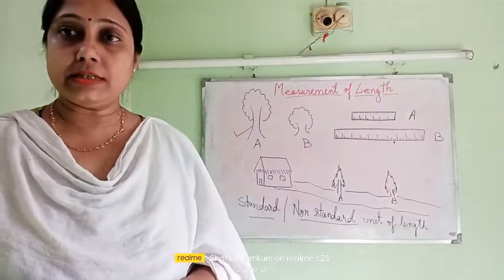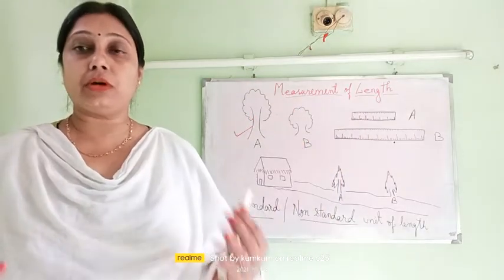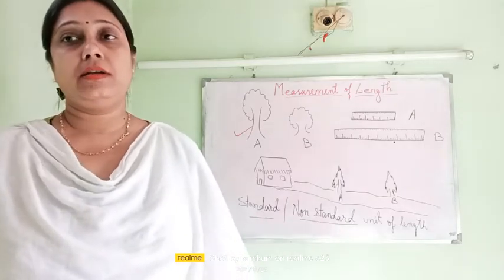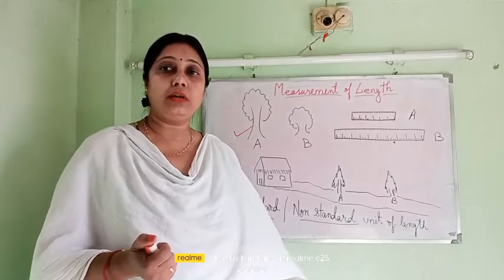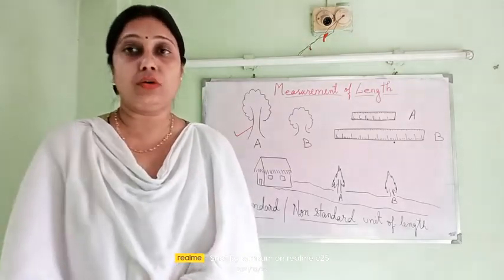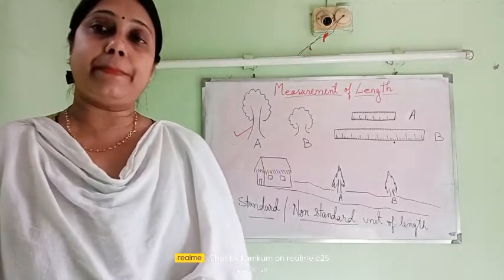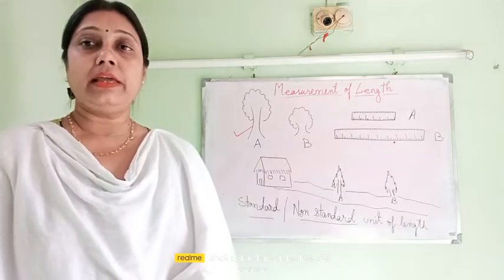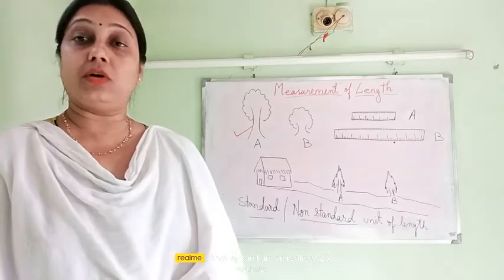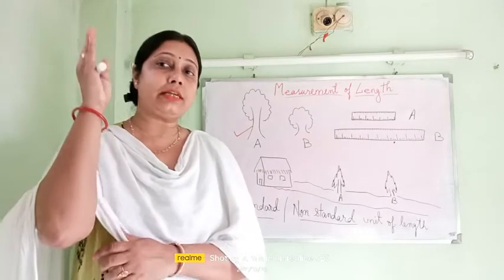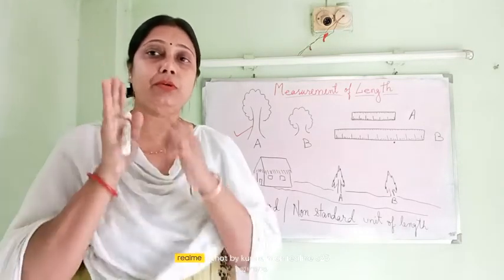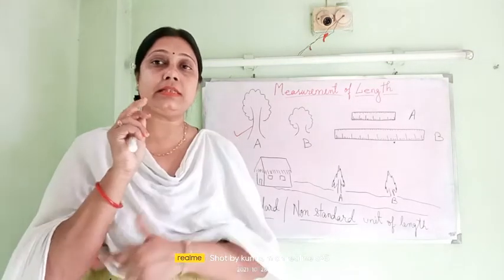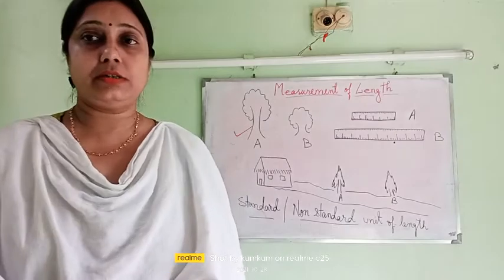So in previous days, people used different body parts to measure different things, like long lengths, like the playground or the houses. The length of your room can be measured by the pace, that means your feet. If you want to measure the desk or the blackboard, you can use the cubit, that means from the elbow to the tip of your middle finger. That distance is known as cubit.